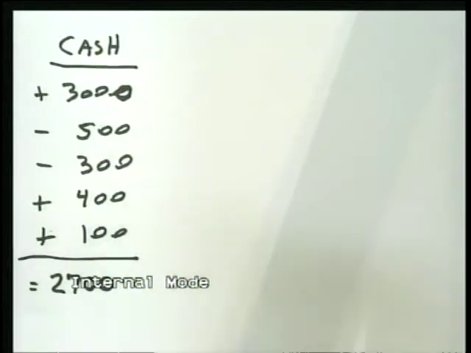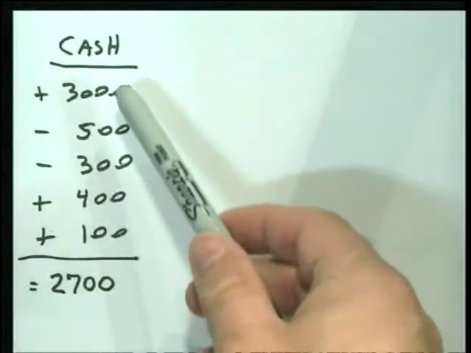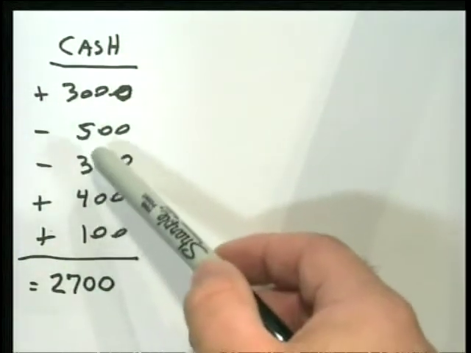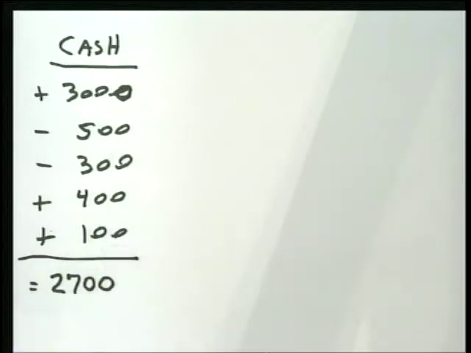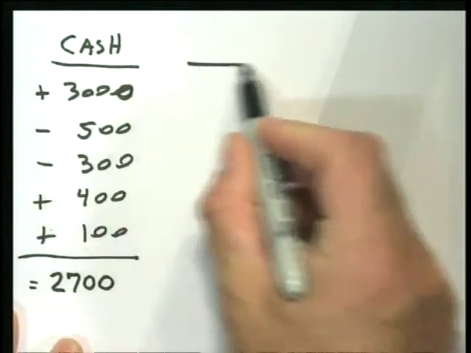All right. You guys understood what I did here, correct? I have cash, and I have the increases and some decreases listed there, and I have the account balance, right? What if instead of writing it like that, what if I wrote it like this?